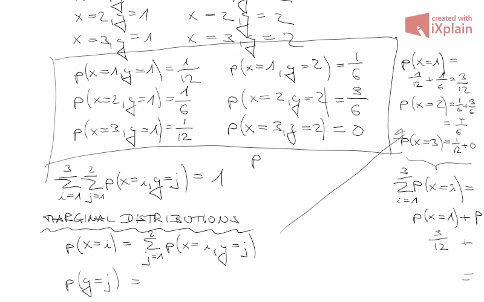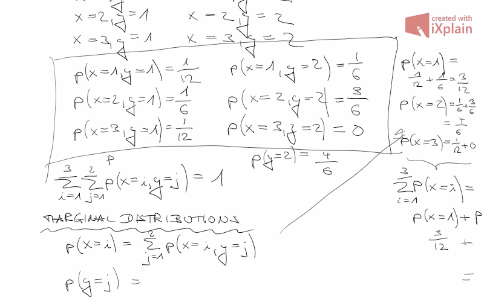So the probability that y equals 2 is given by the sum of these values here, like you said. So x being 1, 2, 3. So 1 over 6 plus 3 over 6 plus 0 is 4 over 6.